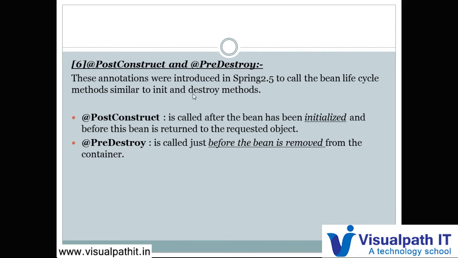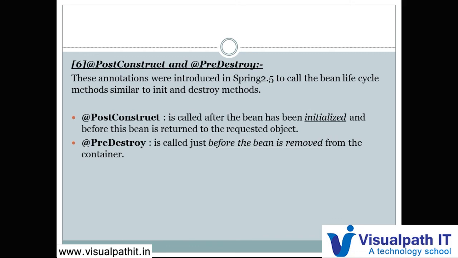These annotations were introduced in Spring 2.5 to call the bean lifecycle methods. They are somewhat similar to the init and destroy methods, that is, how initialization and the destroy method are called.